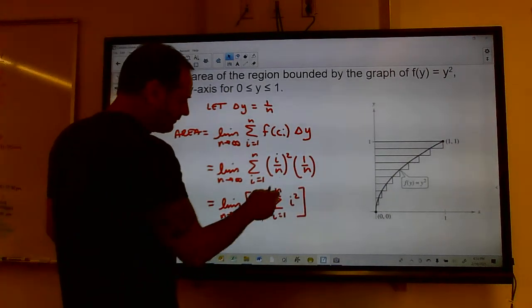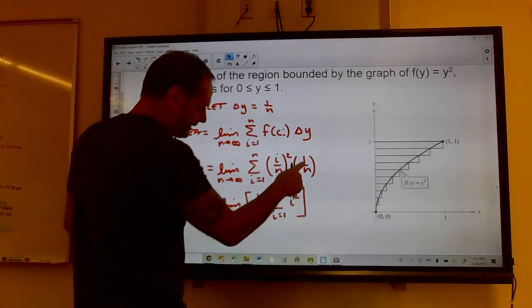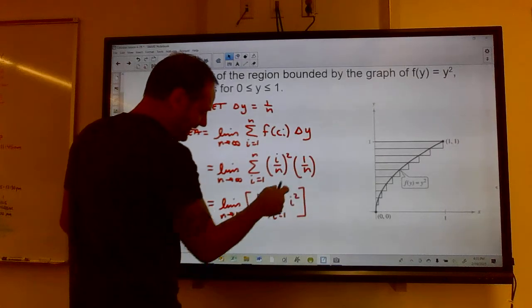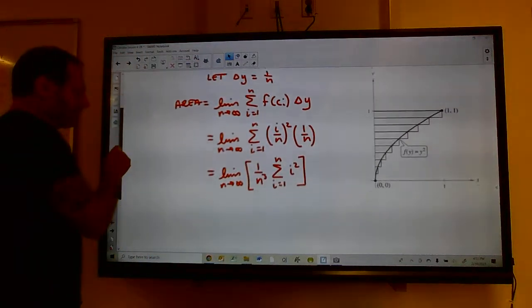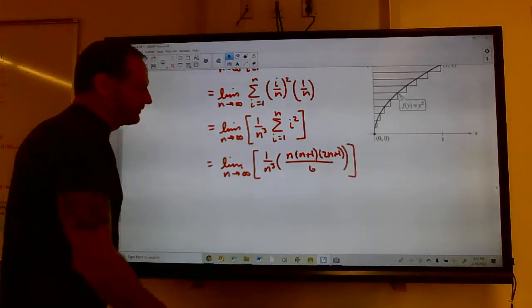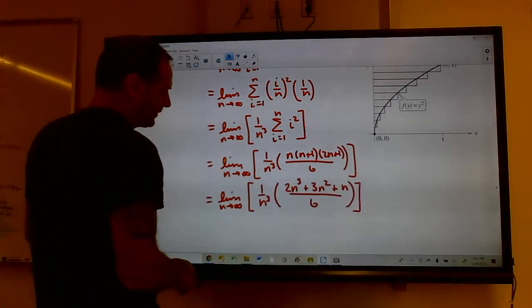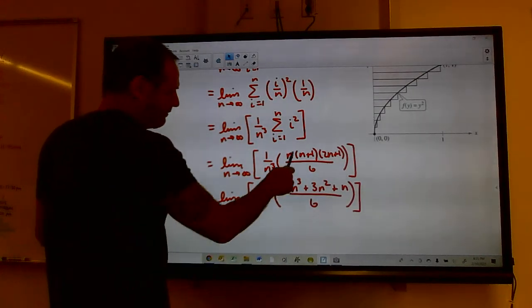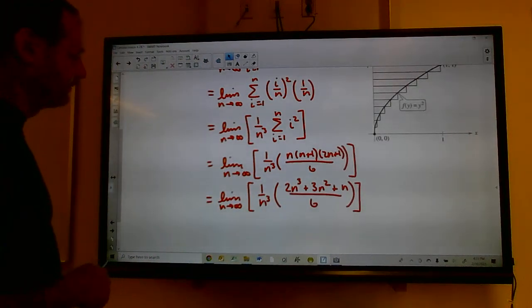So now what I can do is, this is i squared over n squared times 1 over n, that's 1 over n cubed, so I can take that out, because that's a constant, and I'm just left with i squared in here, which we have a formula for, n times n plus 1 times 2n plus 1 over 6. And if I multiply that all out, I get this, kind of on your own for that one.